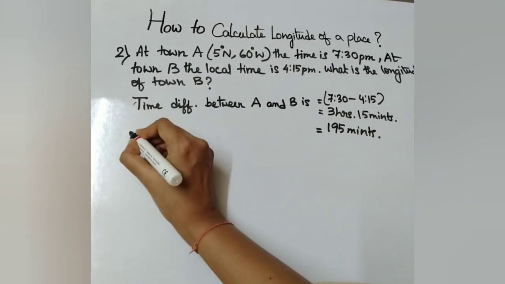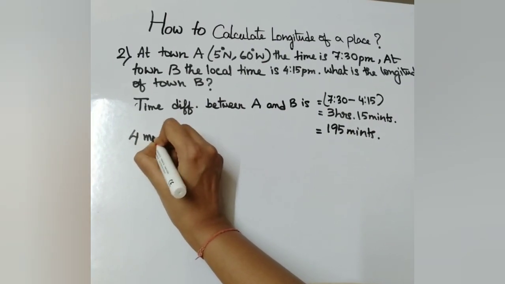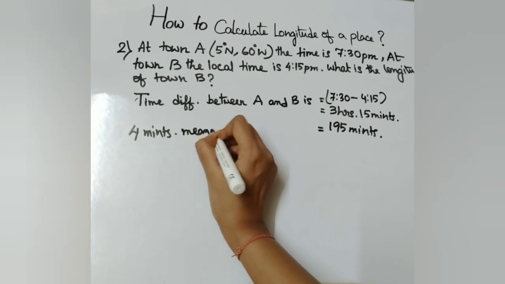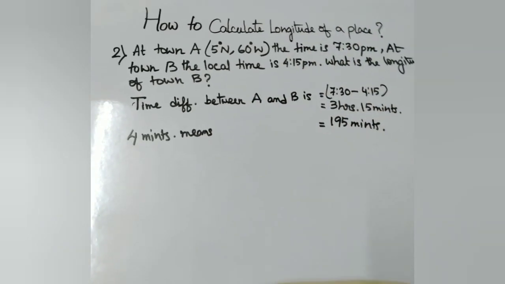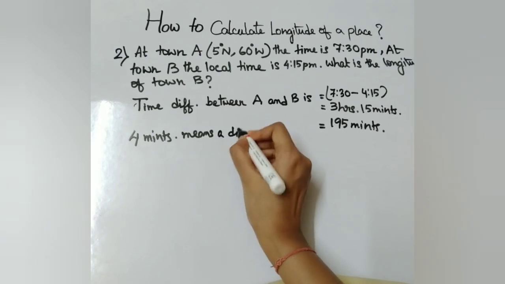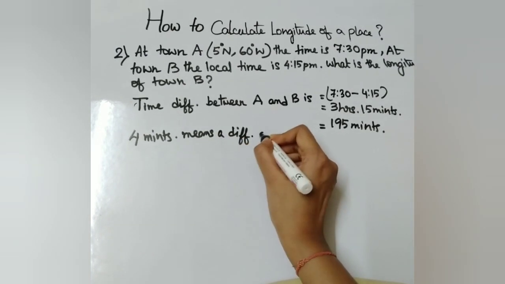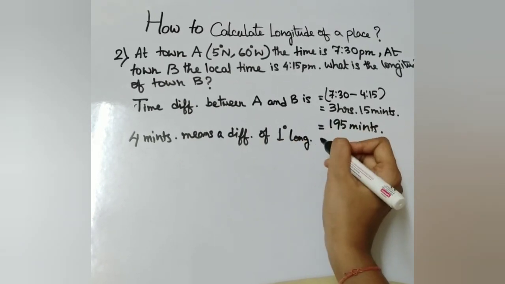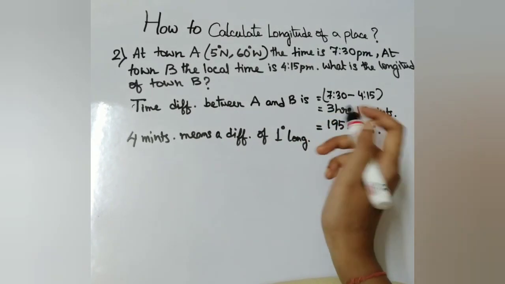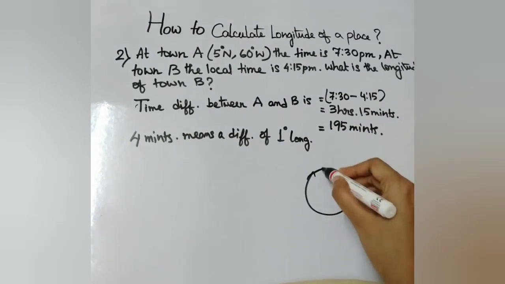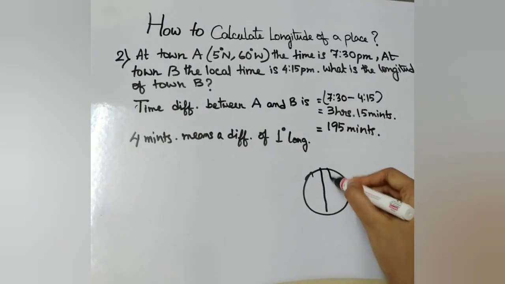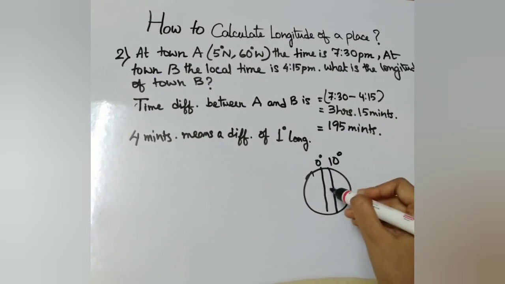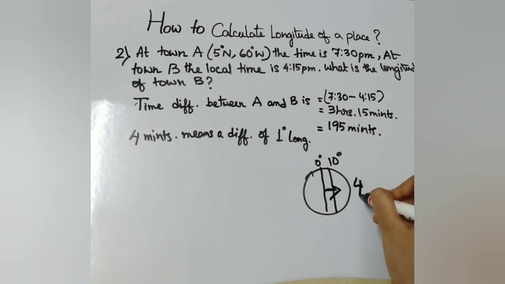Okay. Next line, 4 minutes means difference of 1 degree longitude. Already we know that difference of each longitude, that means if we move this longitude from 0 degree to 10 degree, we need 4 minutes.